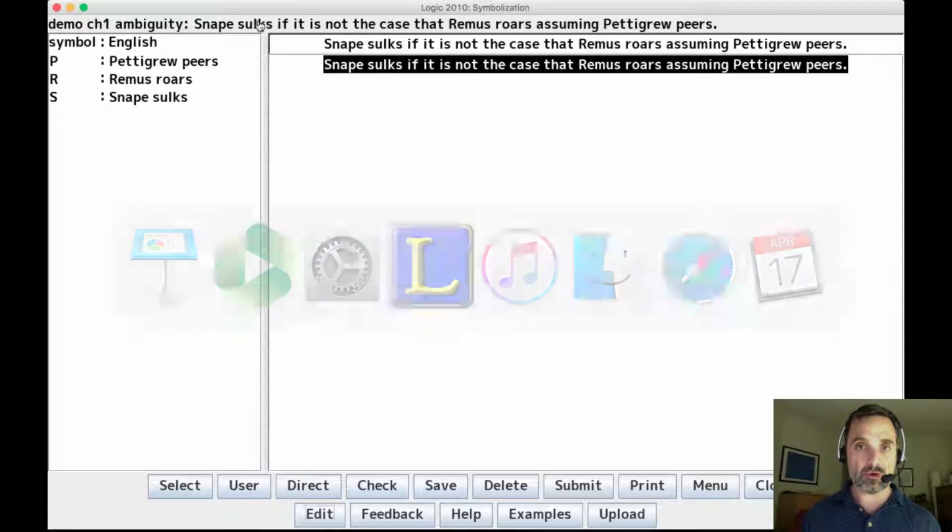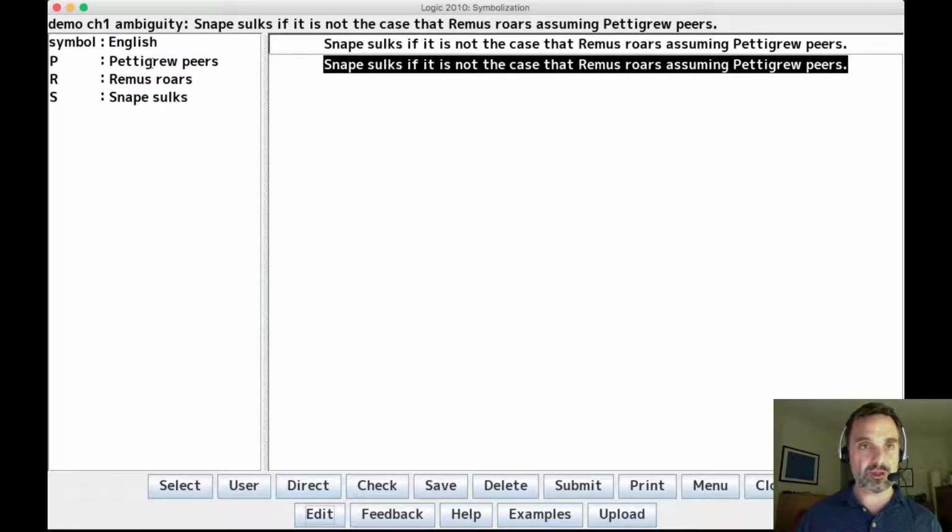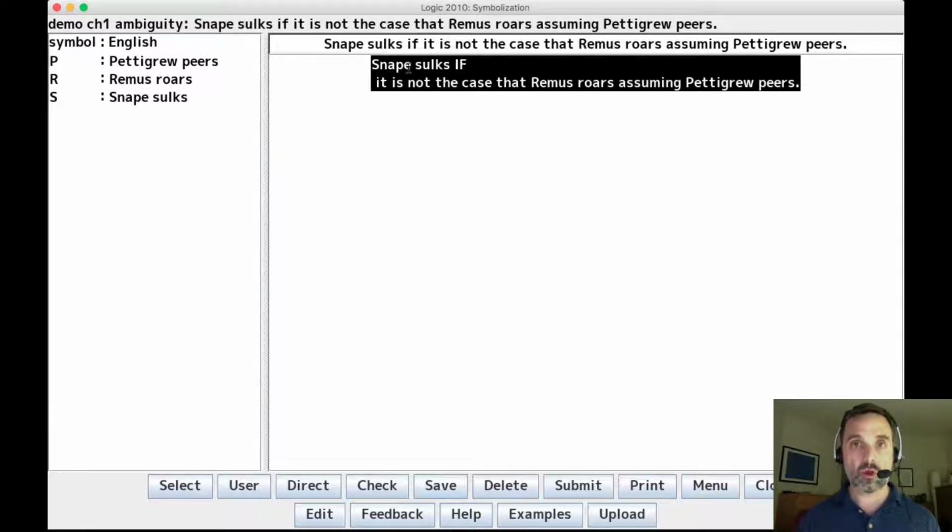So in the program, here we have this sentence: Snape sulks if it is not the case that Remus roars, assuming Pettigrew peers. So we have an "if" here. That's one piece of logical vocabulary. We have "it is not the case that." That's another piece of logical vocabulary.